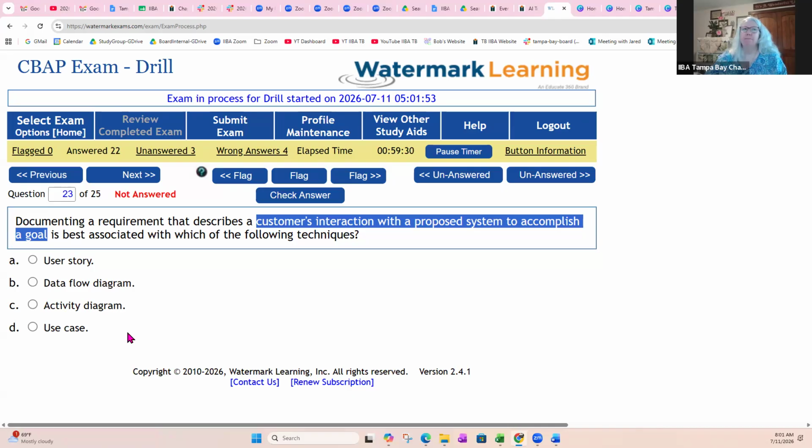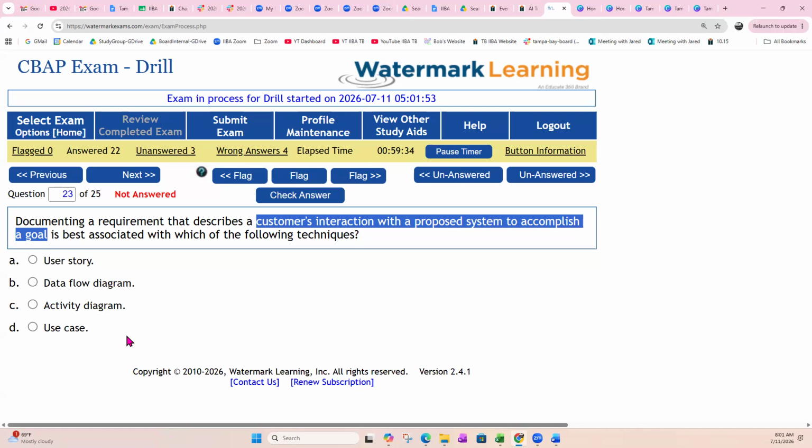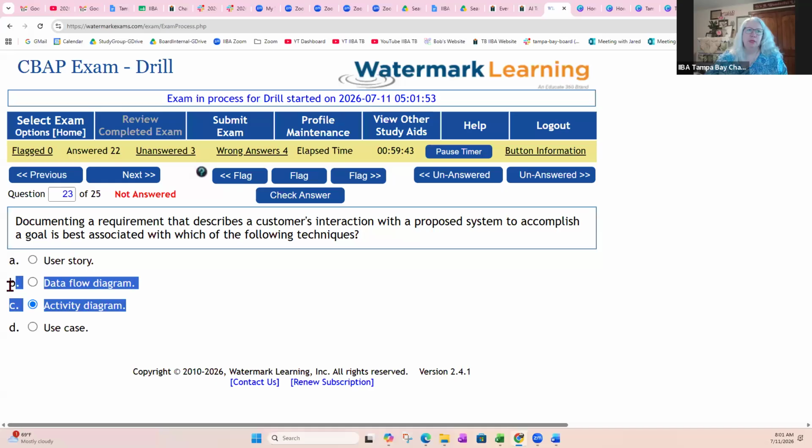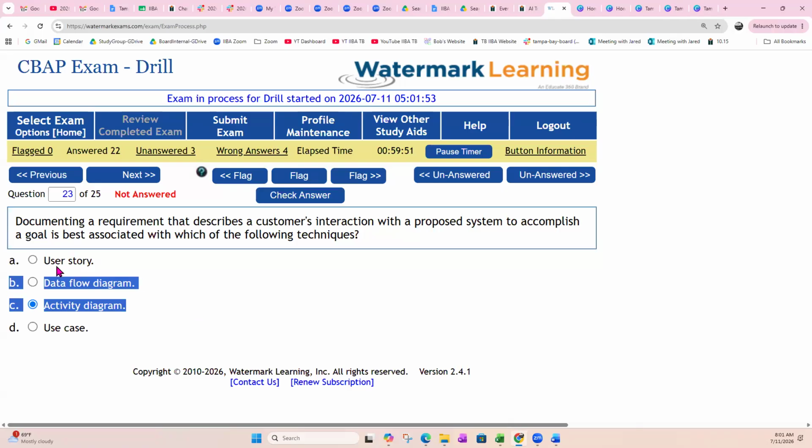Can we eliminate one? Eliminate activity diagram and eliminate data flow. And what is the best answer? User story. Who, what, and why or how.